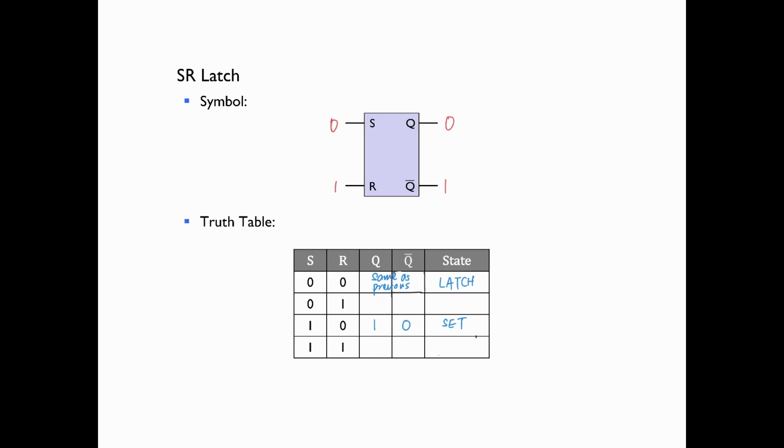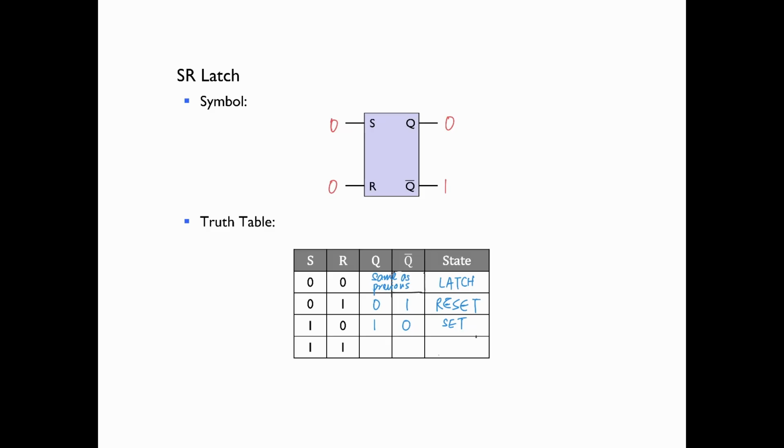When you are in the reset mode and your reset changes back to 0, the outputs are not going to change, because when set and reset are both 0, we are in the latch mode, meaning that the outputs will not change.